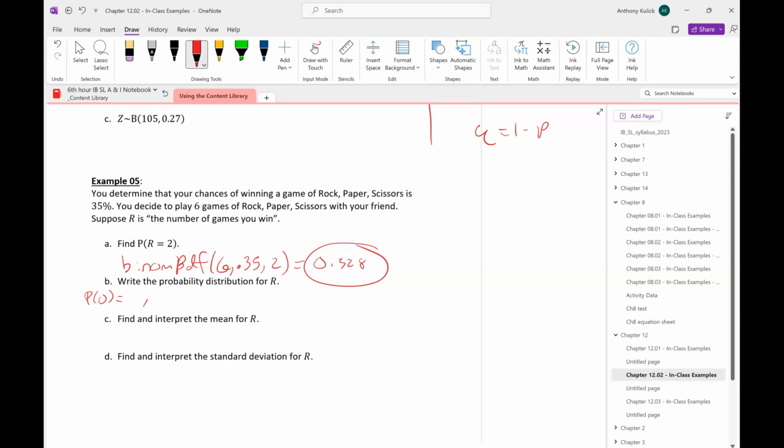So we need P of 0, P of 1, P of 2. And how am I going to calculate each of these? I'm going to use a binomial PDF, right? So I'm just using the same binomial PDF I just used.